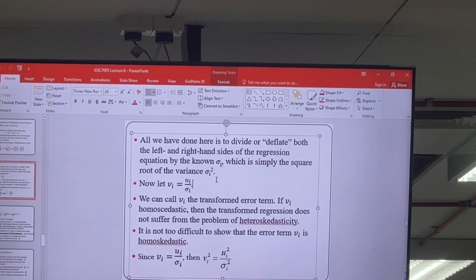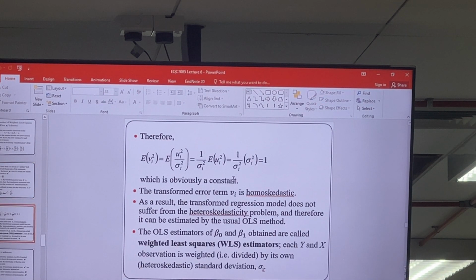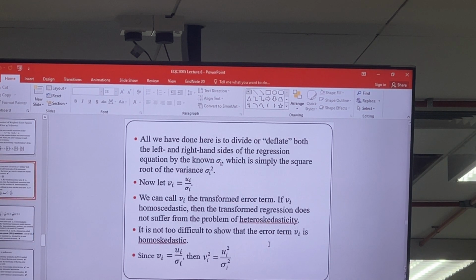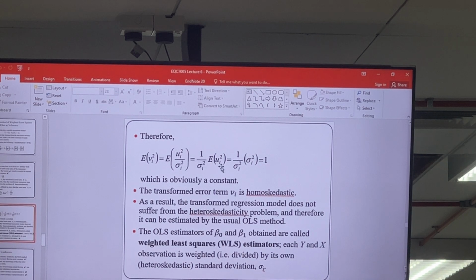Ordinarily the variance of u i is given by sigma i squared. After we transform, we have a new error term, v i, equal to this one. And now after we transform, the variance of v i squared is equal to 1.